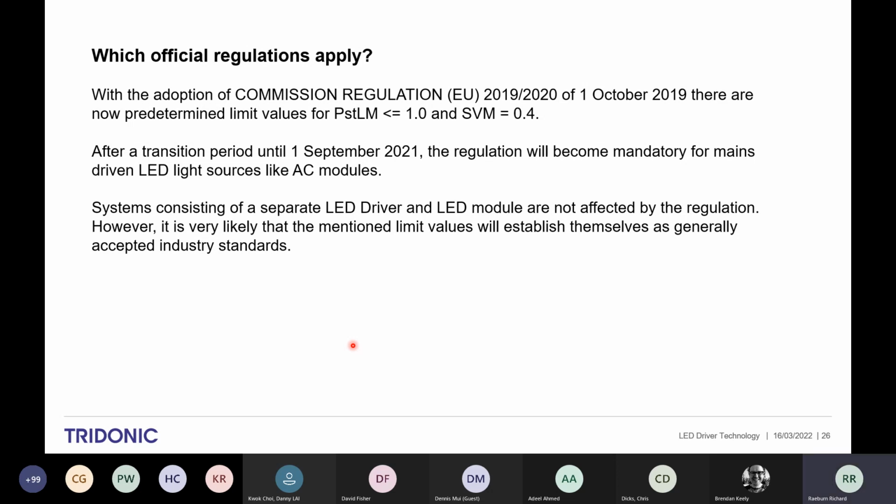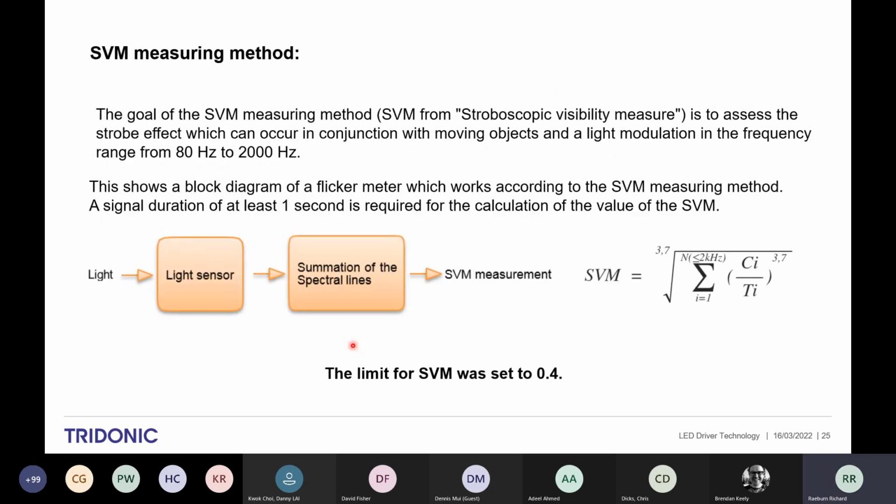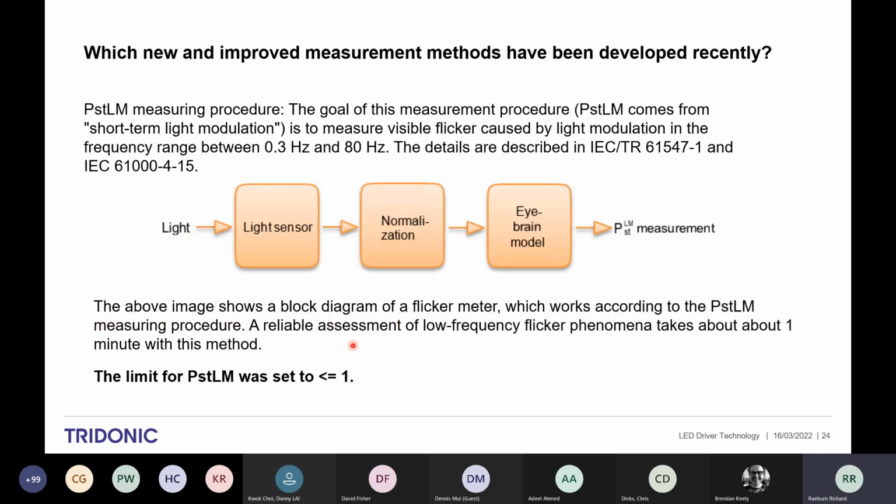Now it's actually only mandatory for mains driven LED light sources with inbuilt power supplies. So it's not mandatory for any LED drivers, as long as they're not built into the LED itself. However, it's probably likely that it's going to be taken up for all light sources. So we certainly comply with this now.